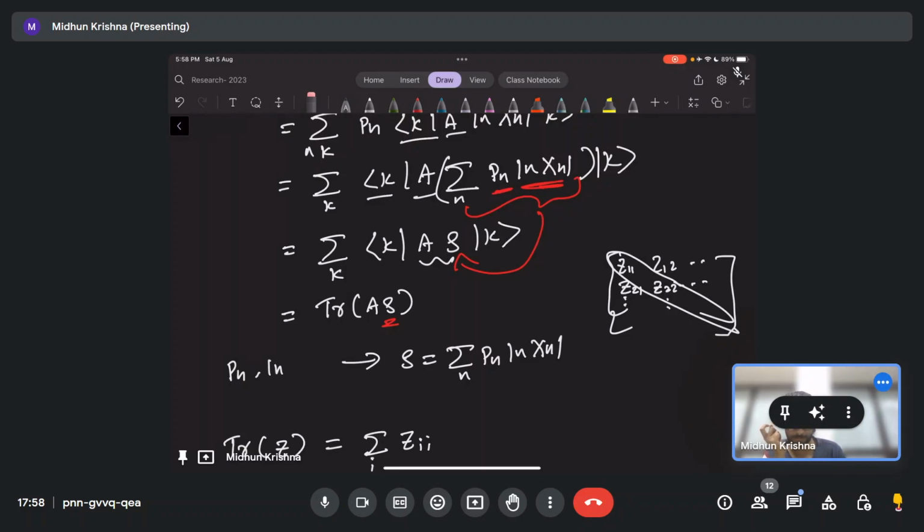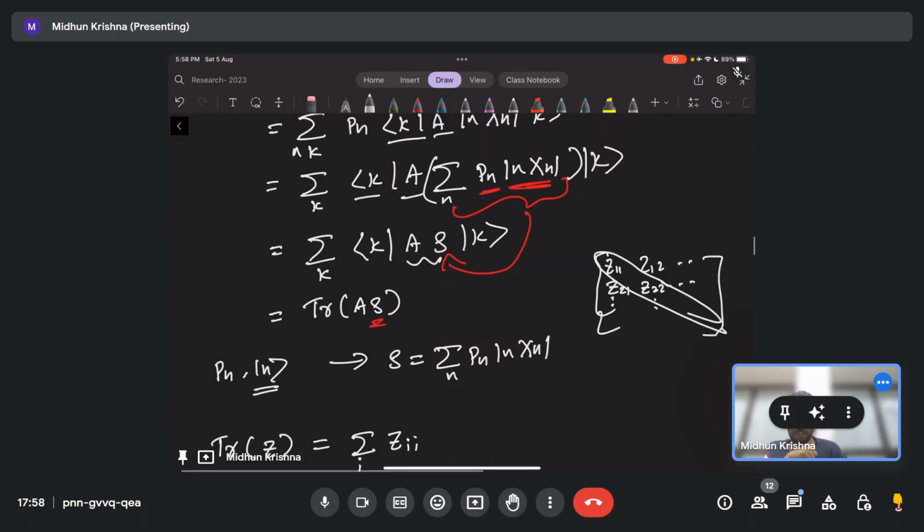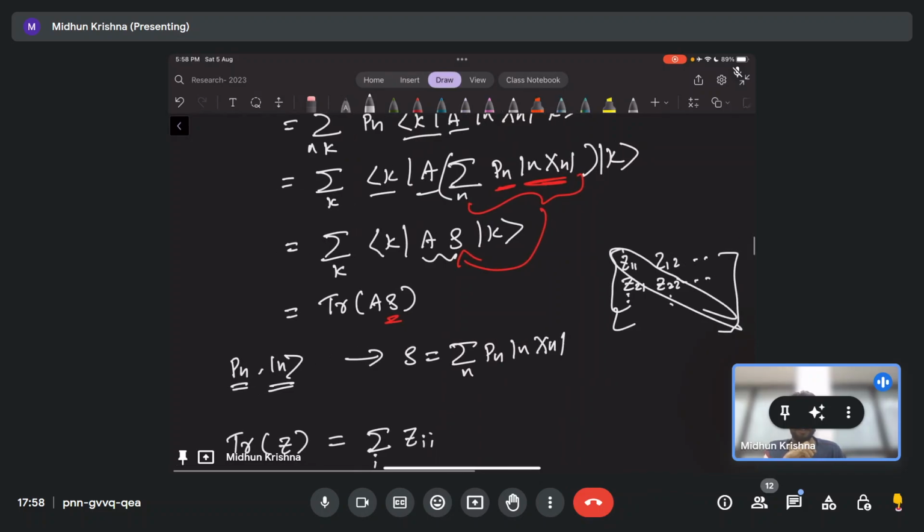If I'm not given a pure quantum state but a classical mixture, a mix of all the n states with probability Pn, then I can study all the expectation values associated with the state using this quantity called the density operator, or the density matrix rho, defined in this form.